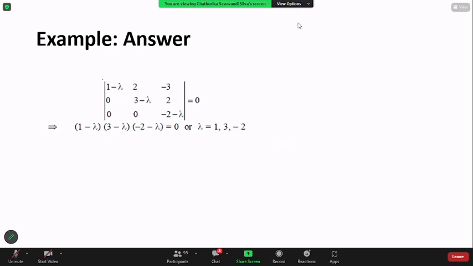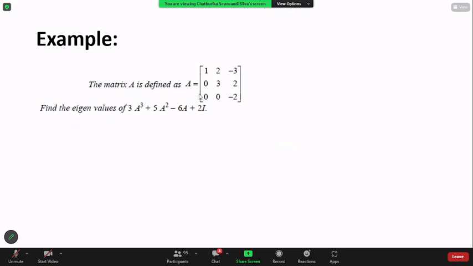So if I ask you, let's say this is the matrix A, and I'm asking you to find A to the power 8.